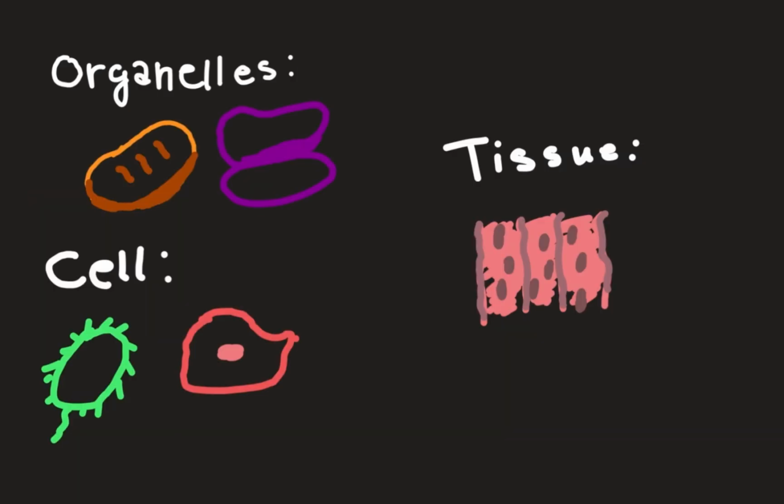Moving on from the very small particles that make us and everything around us, we have the organelles. These are cell parts that perform specific functions. As you can see here in my very badly rendered mitochondria and ribosome, both are organelles that have specific functions.